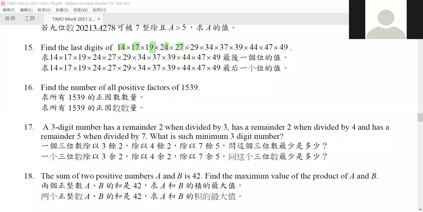So in a certain sense, although it looks like it has 12 different numbers, all it does is repeatedly multiply 4, 7, and 9 four times. So the last digit is the same as multiplying 4 times 7 times 9, four times.